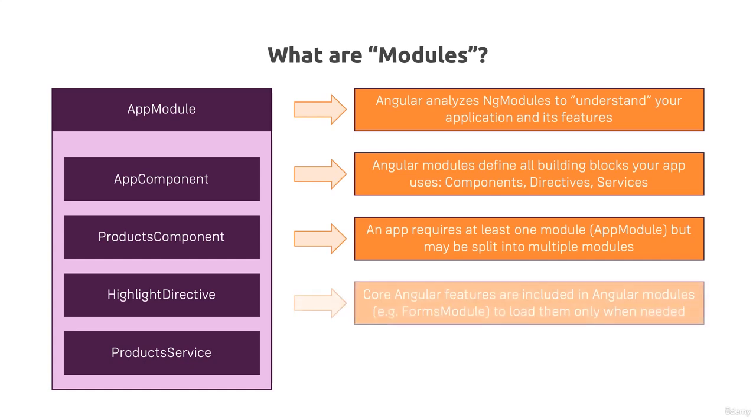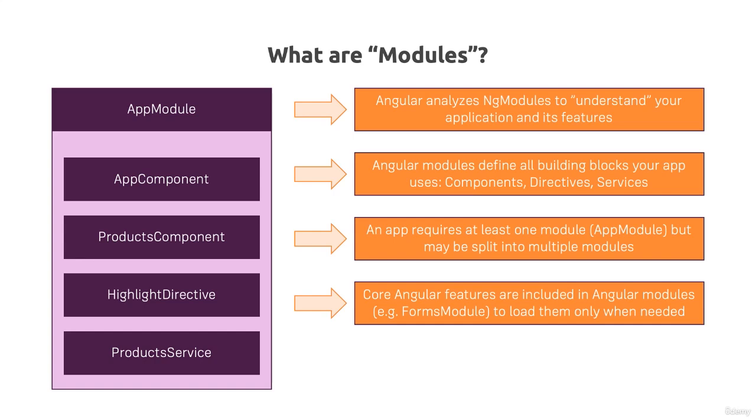You also have core Angular features that are wrapped into modules, things like the forms module, which we added in the course already. So Angular itself also provides certain features grouped together into such modules so that you don't have to declare like 10 different forms directives. Instead, that forms module gives you all these directives. That is how you can think about that.